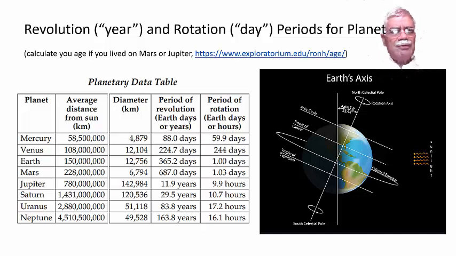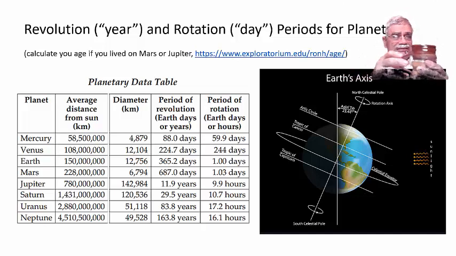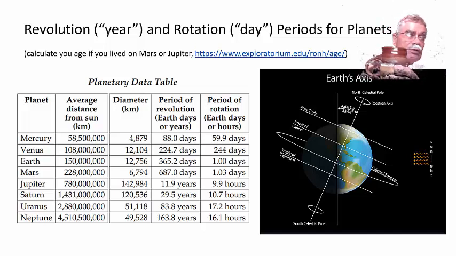Another interesting feature, look particularly at Venus. It takes 224.7 of our days to make one revolution around the sun, but it takes longer for it to rotate around its axis. So what this means is that if, imagine my cup here is our planet Venus, as it's going around, it has almost the same period of revolution as it has period of rotation.